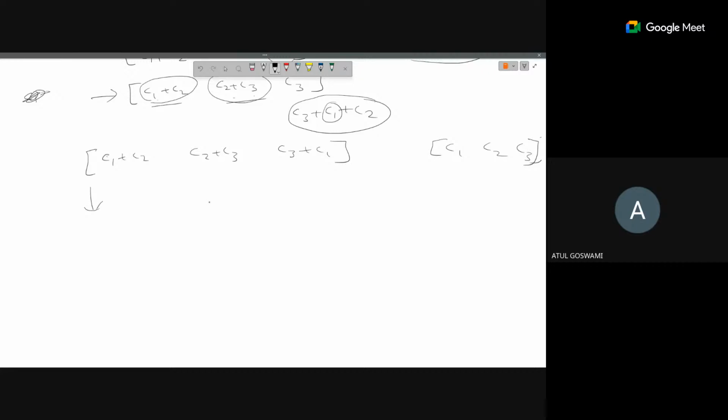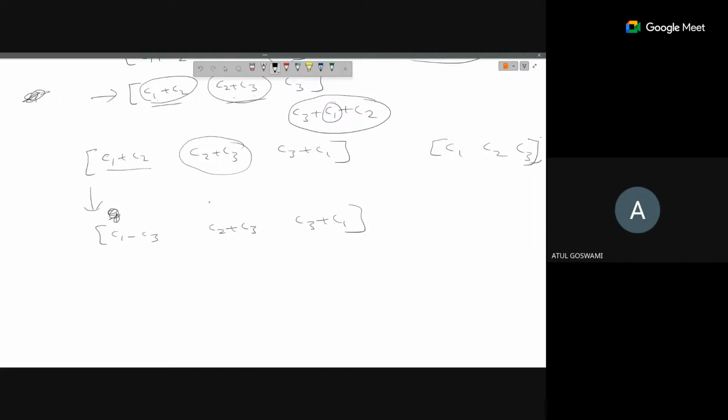So for that, we want to get rid of the C2, right? So we can subtract this column. I'm directly subtracting this one from this. So I get C1 minus C3 here, C2 plus C3 here, and C3 plus C1 here.